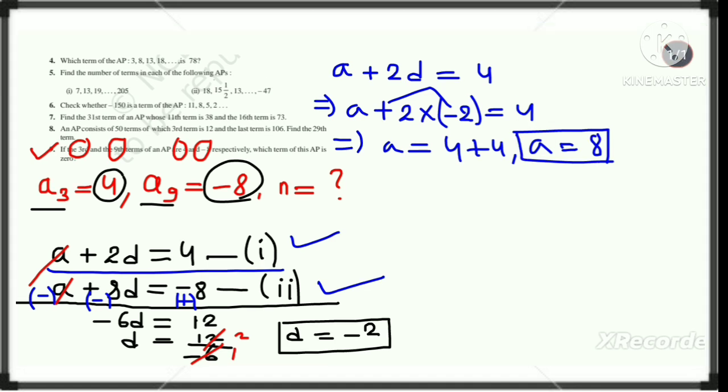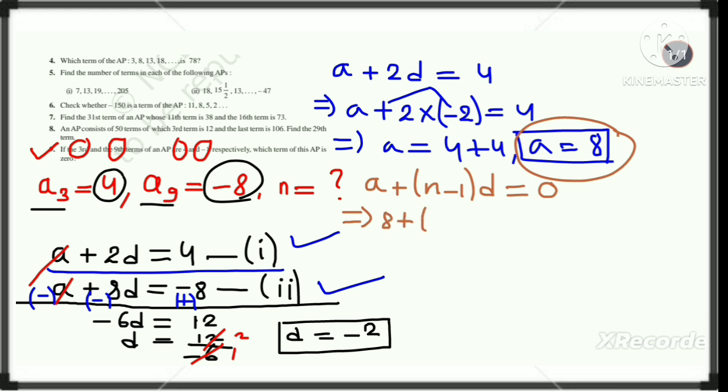Now by using a formula, we can easily find our required term which is equal to 0, and that formula is, as we know, a plus n minus 1 into d, and make it equal to 0. Here a, we have obtained 8, plus n minus 1 into d, we have minus 2, equal to 0.